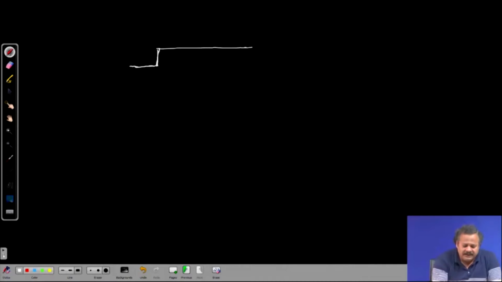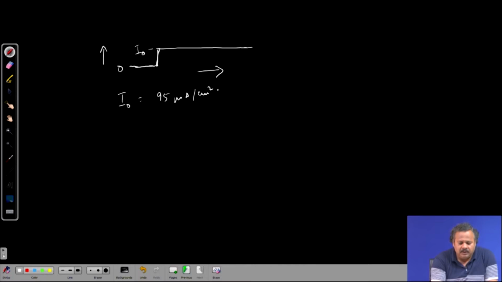So, let us say this is 0 current, this is time, and this has some particular value I naught. In this particular case, I naught is approximately 95 microamp per centimeter square.